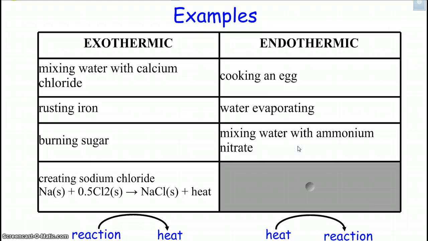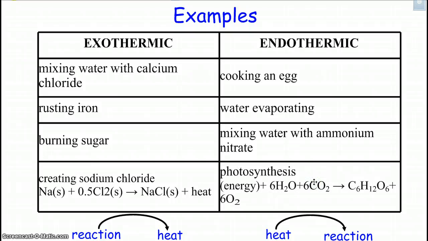Mixing water with ammonium nitrate. This is one we will see in class. Okay, you get an endothermic reaction. There is a cooling of the water surrounding the reaction. And photosynthesis. Say what? Say photosynthesis.